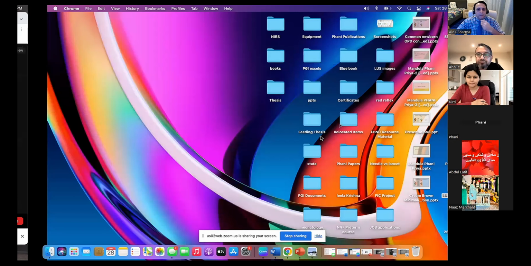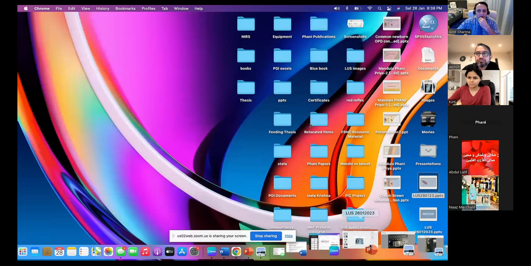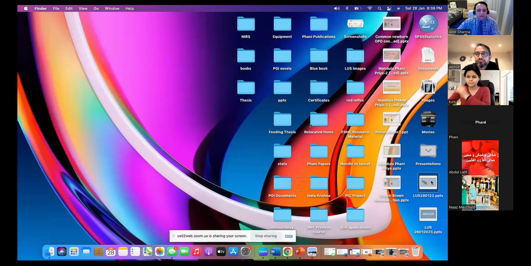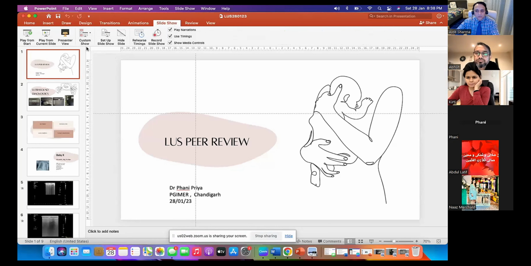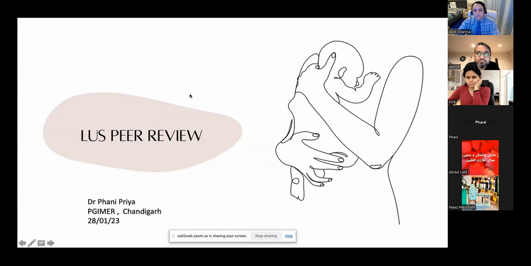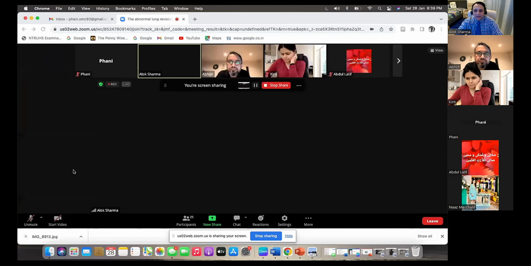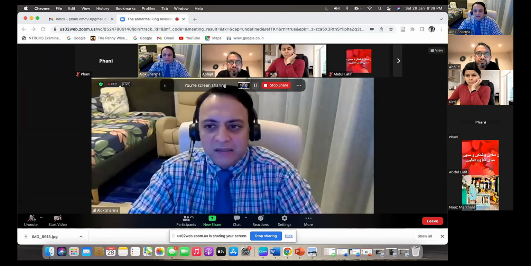While Dr. Phanipriya is sharing her screen, I agree completely with Abhijit's comments. One thing that can help, Kirti in particular, to make sure your probe is at 90 degrees, is that when you're using your linear probe you should be able to see multiple ribs in parallel, with the pleural margin parallel to your probe. The challenge comes when you go into the upper axilla on the right and left sides, because getting a linear probe into the axilla is a real challenge.